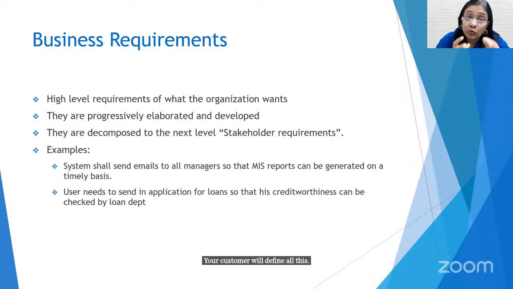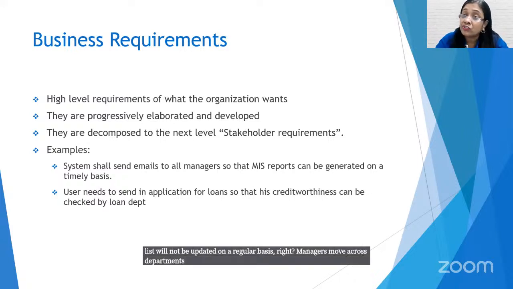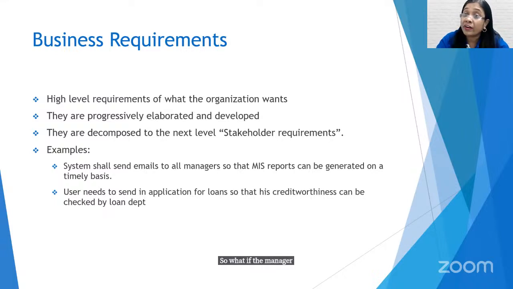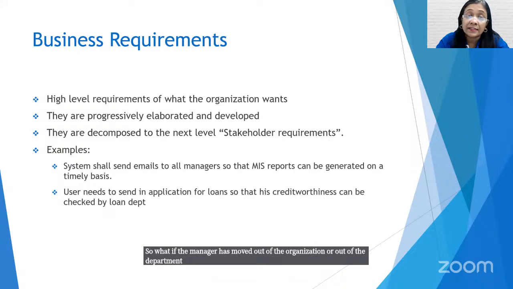Also, when we talk about managers, even if they give us a list of managers to whom emails should go out, there is a possibility that this list will not be updated on a regular basis, right? Managers move across departments. So, what if the manager has moved out of the organization or out of the department, or he has taken up a different role?